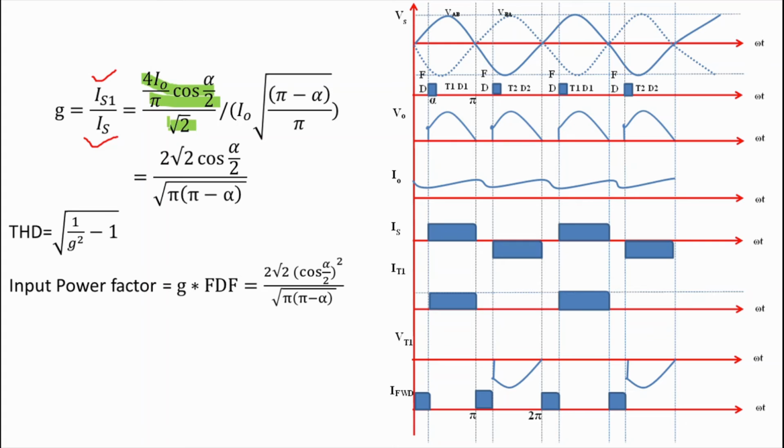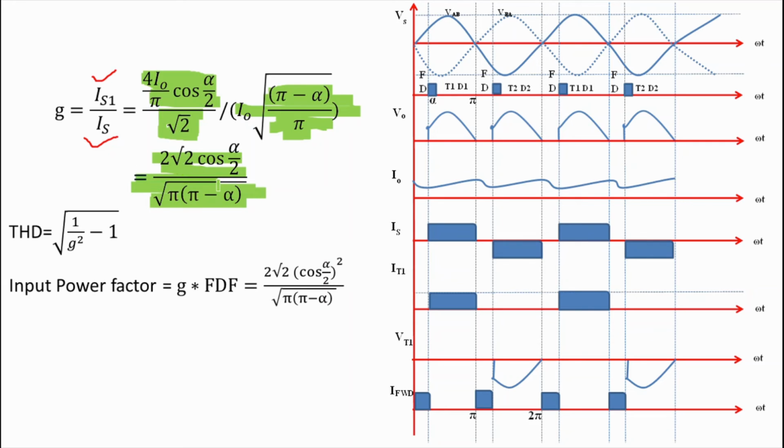And what is the RMS value of source current? This has already been told to you in previous points. That is equal to I naught under root of pi minus alpha upon pi. So on solving this, we get 2 root 2 cos alpha by 2 under root of pi in bracket pi minus alpha. Now what is the input power factor cos phi?